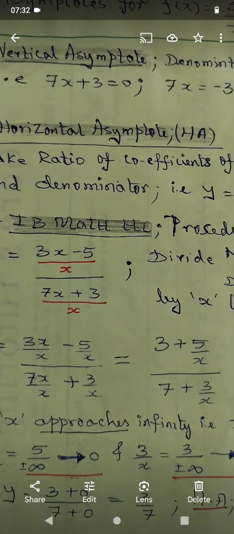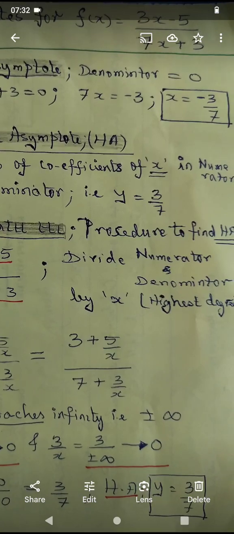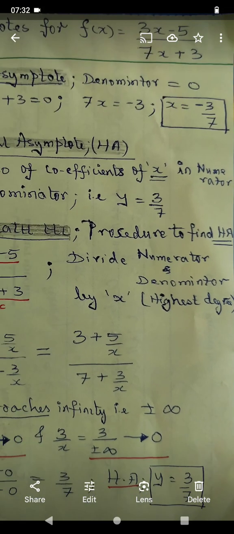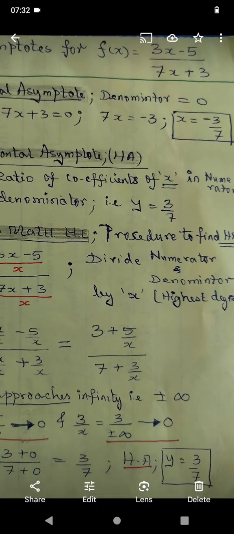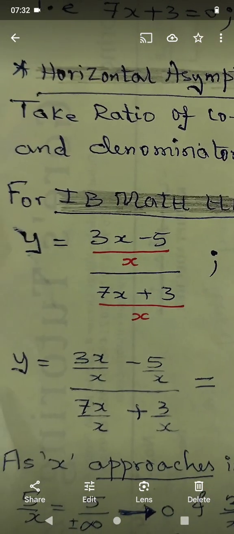However, for math IB HL AA and AI, the students must know how to find the HA, that is the horizontal asymptote. The procedure has to be known. So let's assume that y is equal to 3x minus 5 over 7x plus 3. I'm going to divide the numerator and denominator by x. Why x?